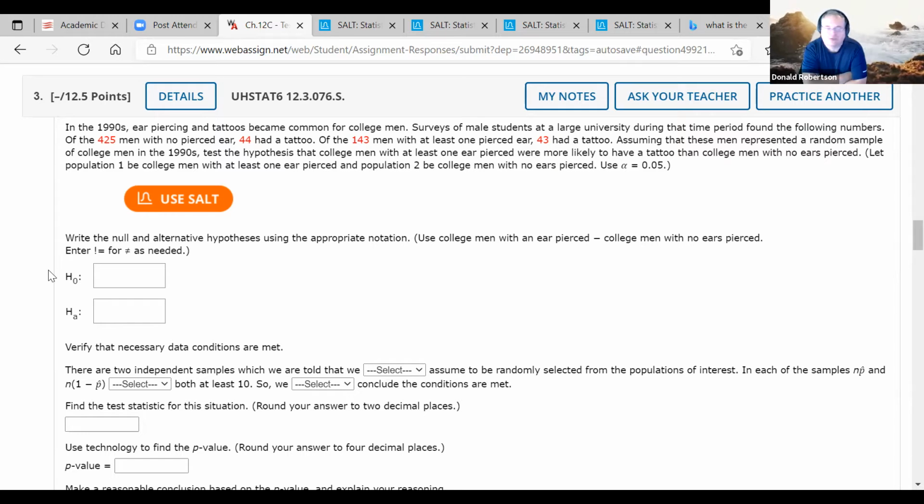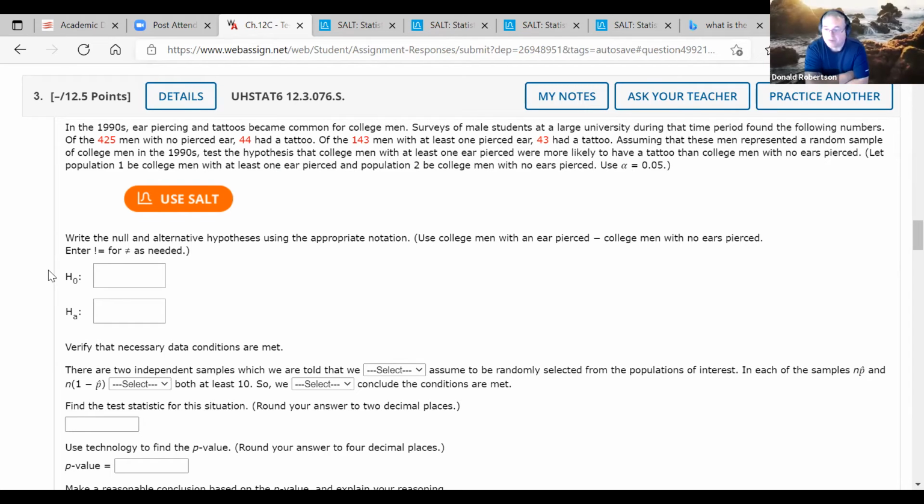Assuming that these men represent college students in the 90s, test a hypothesis that college men with at least one ear pierced were more likely to have a tattoo than those who didn't have their ears pierced.